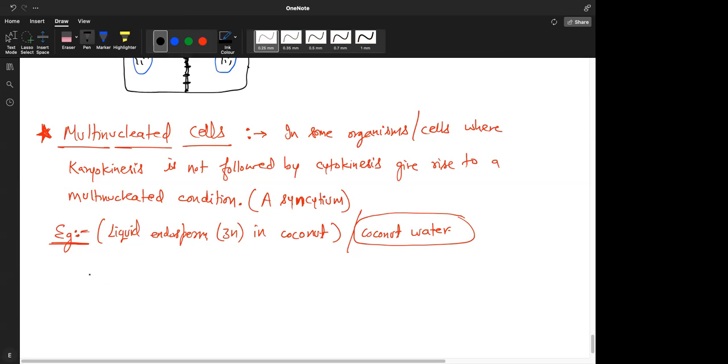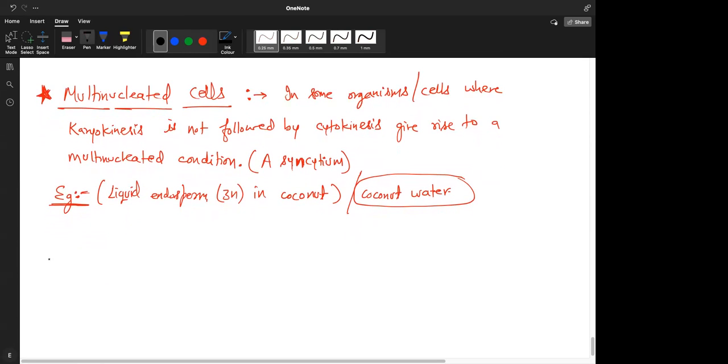Okay, now coming to significance. Now this is one question. Write down. Question asked: what is the significance of mitosis? We have studied mitosis till now. What is the significance of this process? In the end, significance of mitosis.